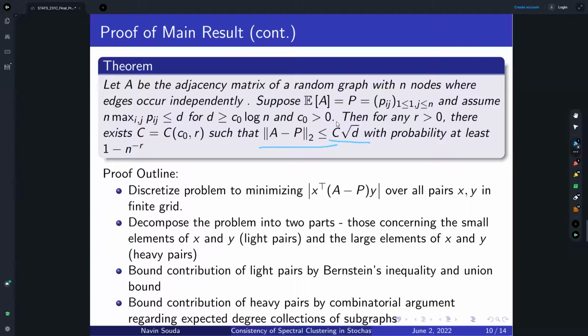So maybe in your report, you can investigate that a little bit. For example, you could use the so-called matrix Bernstein, or some other simpler technique. You might get a weaker bound. For example, if d divided by log n is going to infinity, that would be good enough. The reason why they want to prove this bound is because they want d over log n to be able to be constant rather than go to infinity.